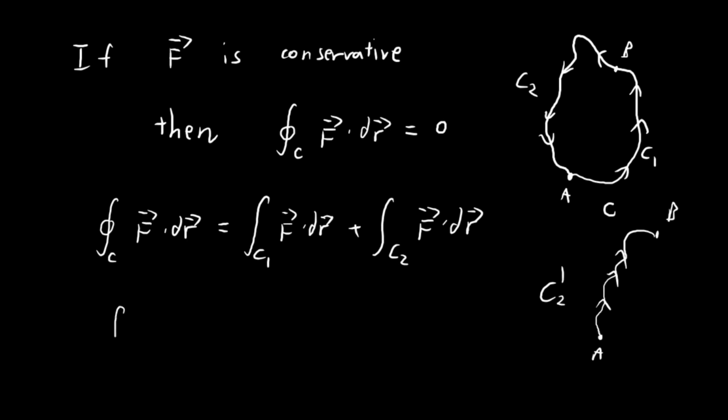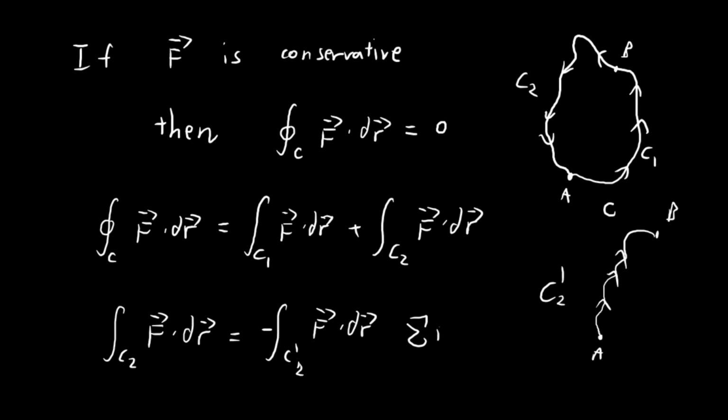The line integral along C2 will be related to the line integral along C2 prime by a negative sign. We know this is true because you can just write this back out in the form of a sum.